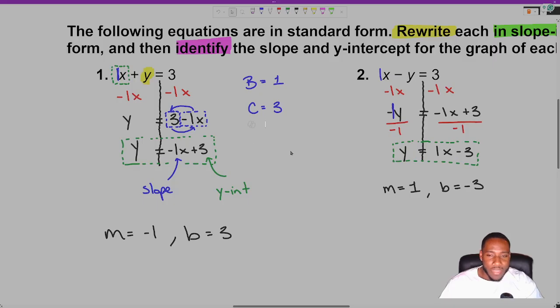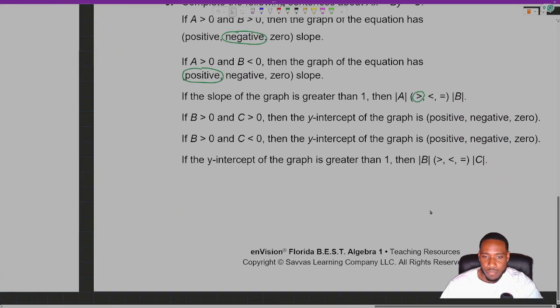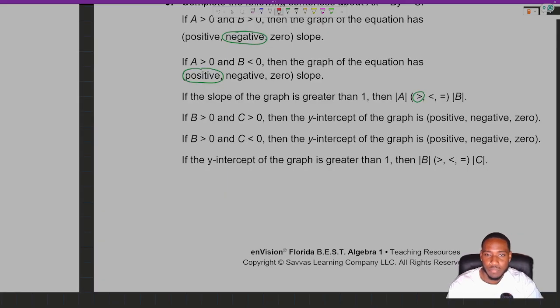And so when we had that situation, our B value is greater than 0 and our C value is greater than 0, what we notice about the y-intercept of the graph is that it is a positive number, right? So we can go ahead and circle positive.